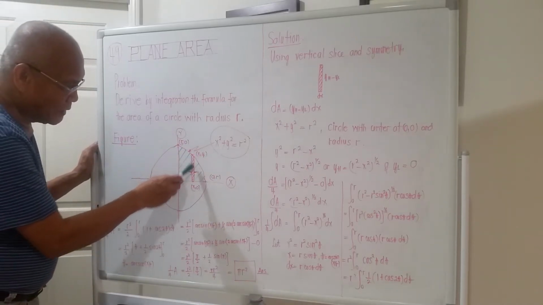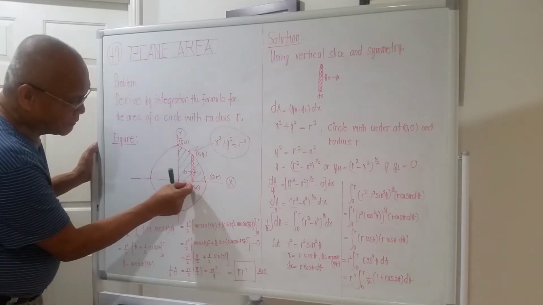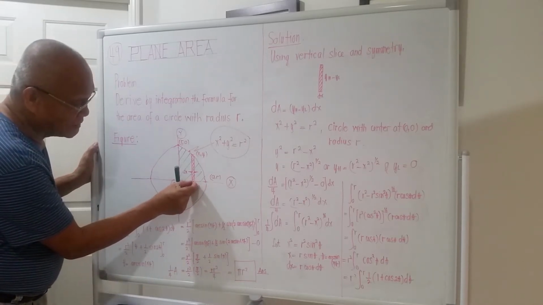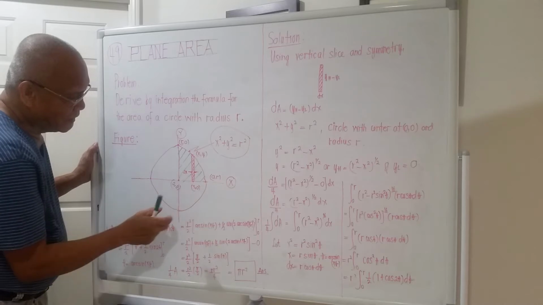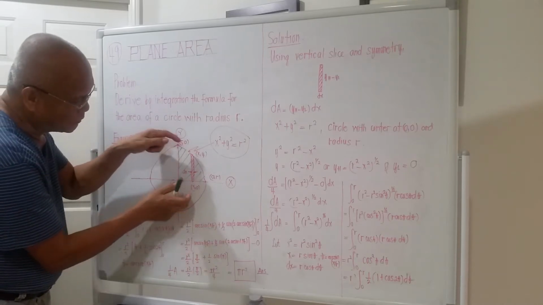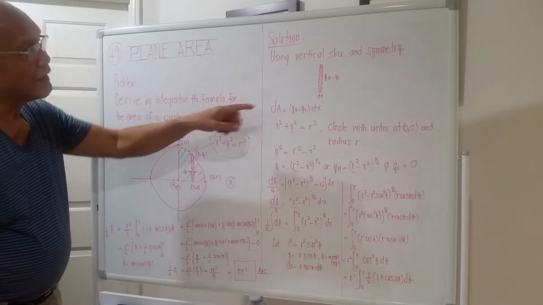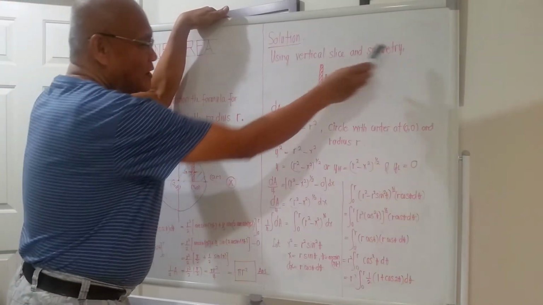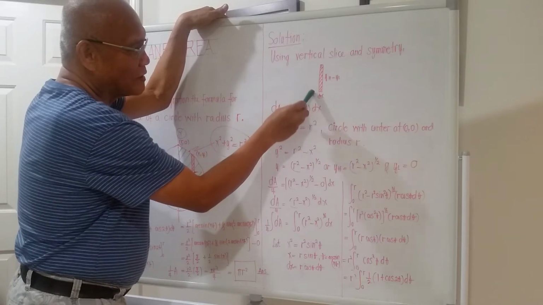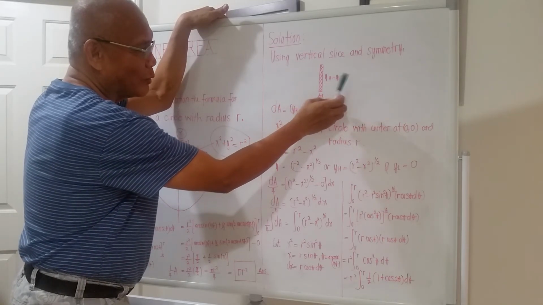So by using vertical slice, the thickness of the vertical slice is dx, okay? And the height of the vertical slice should be y higher minus y lower, okay? The area of the vertical slice will be y higher minus y lower times dx.